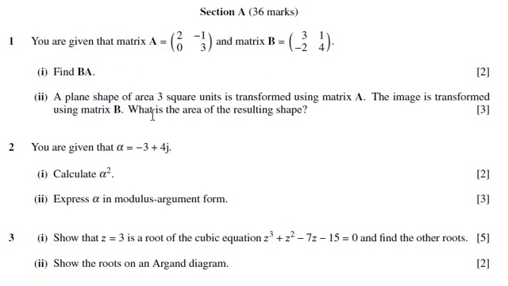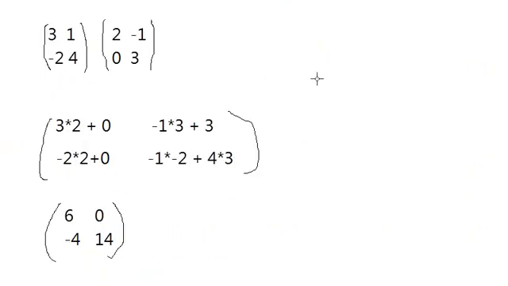If your teacher has told you in lessons, the determinant of a matrix refers to the area multiplier of that shape. So in this case, we will find the determinant of BA. Then we multiply that by 3 to get our new area.